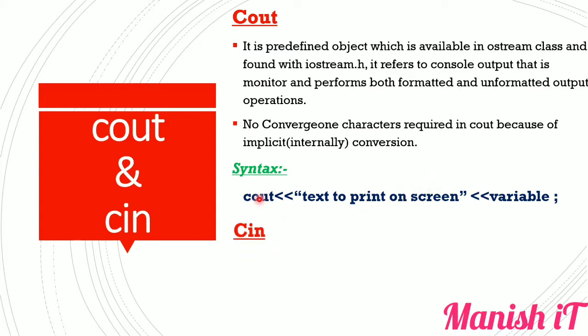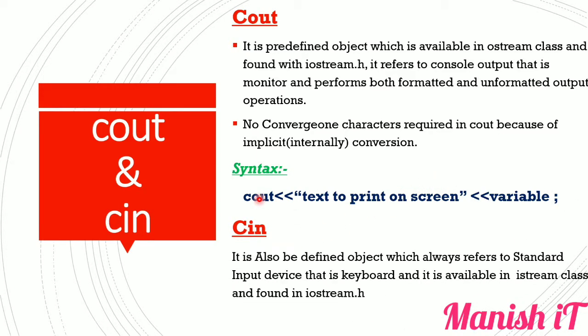So what is cin? cin is also a predefined object which always refers to the standard input device, that is the keyboard, and it is available in the istream class and found in iostream.h. So what is its syntax?